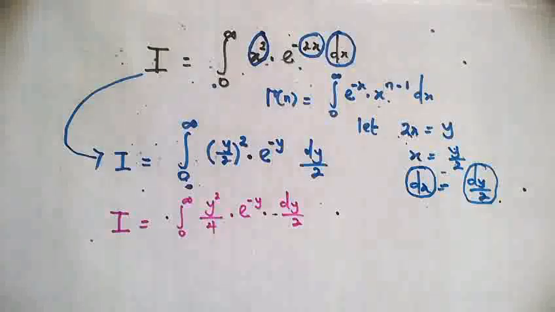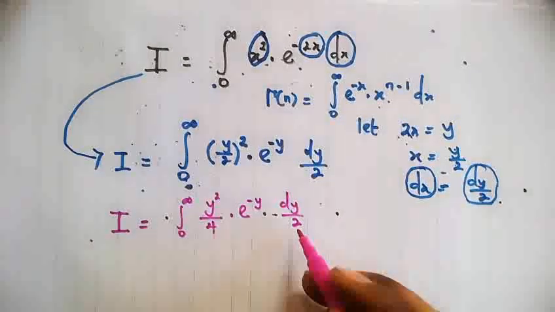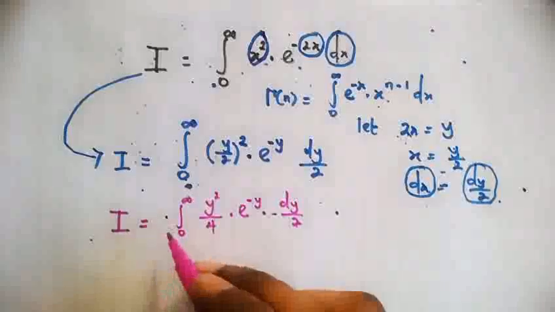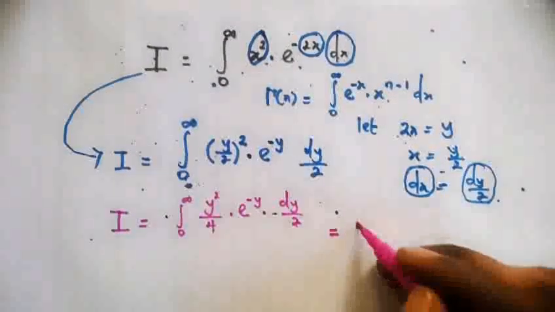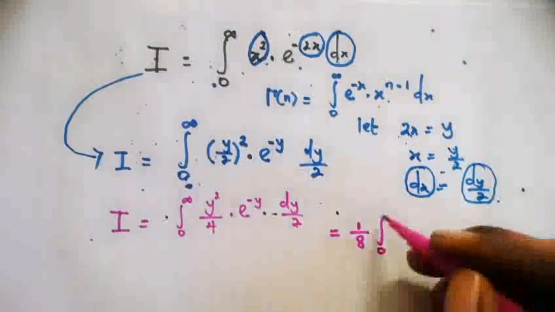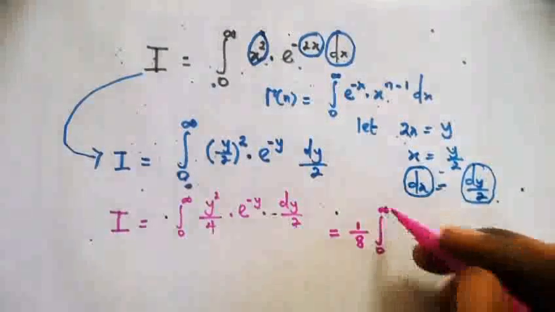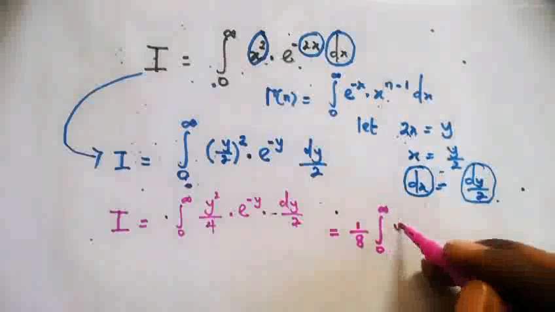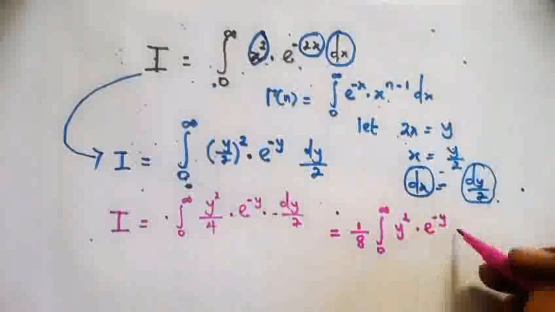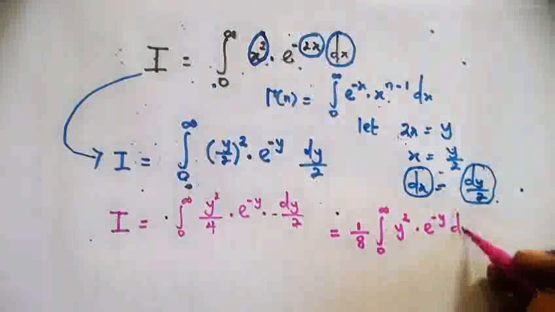Now 4 times 2 here is 8, so that is 1 all over 8. Take it out, so we have 1 over 8 times the integral as y is going from 0 to infinity of y raised to power 2 times e raised to power negative y dy.